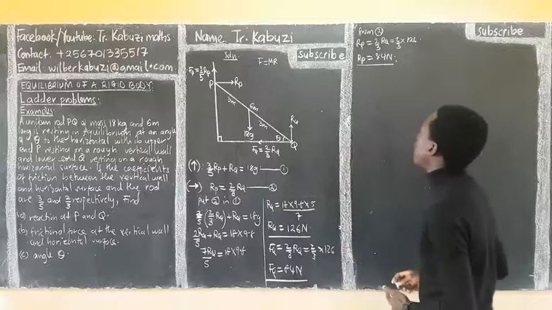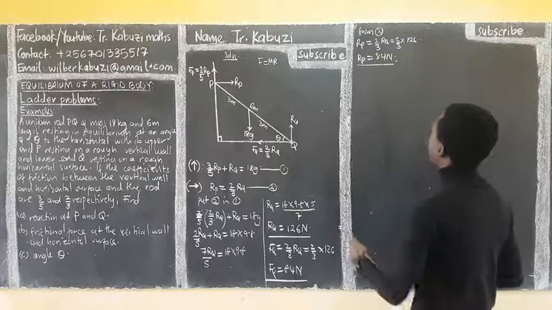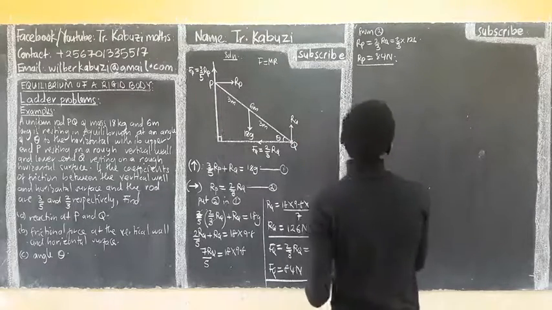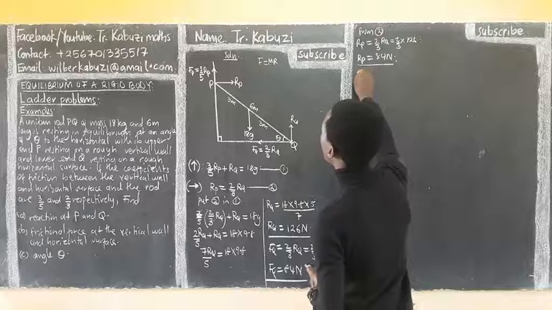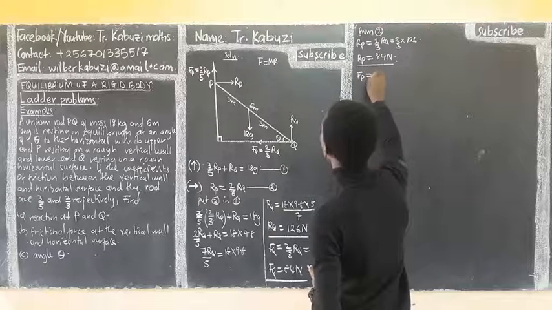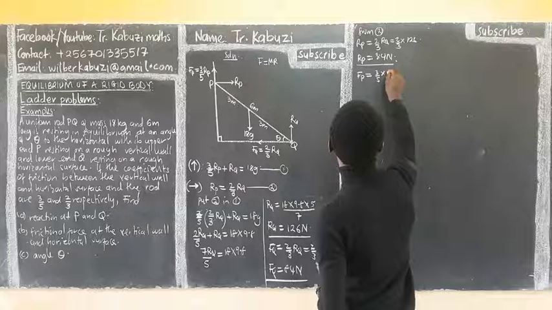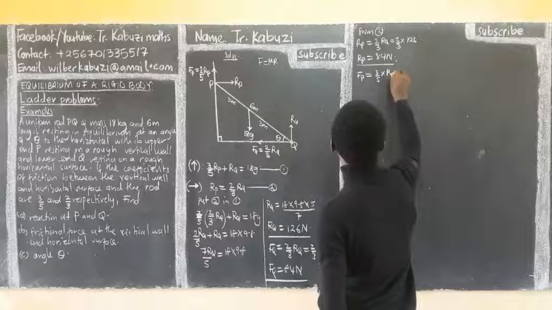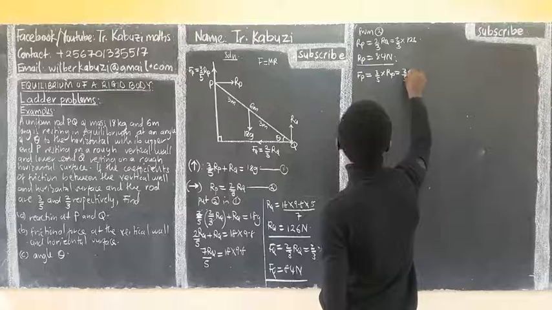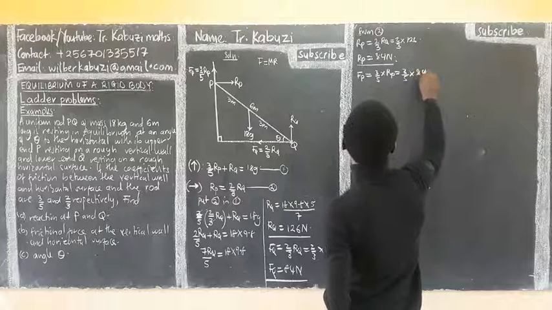Now, if I have RP, I can get my frictional force at P there. Remember that our frictional force at P is going to be 3 over 5 times RP, which will be 3 over 5 times 84.